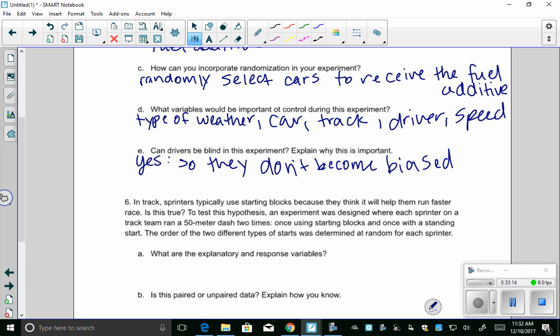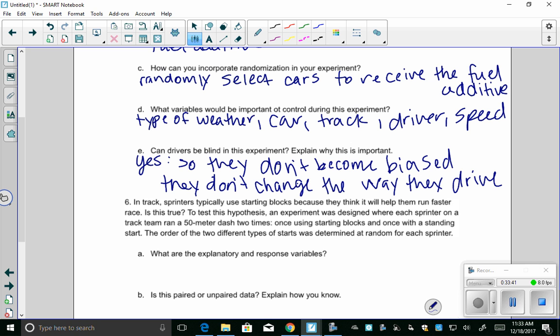So they don't become biased. Or they don't change the way they drive. So they don't change the way they drive.